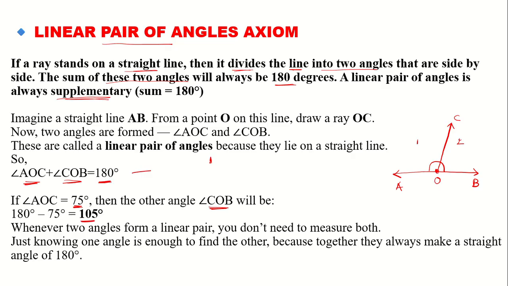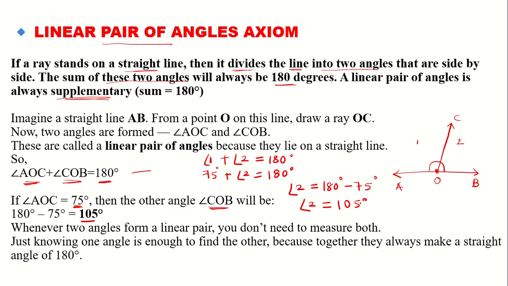First angle, 75 degrees, plus second angle is equal to 180 degrees. You take this 75 to the right side, then it becomes minus 75 degrees. So the second angle, angle COB, you get as 105 degrees.